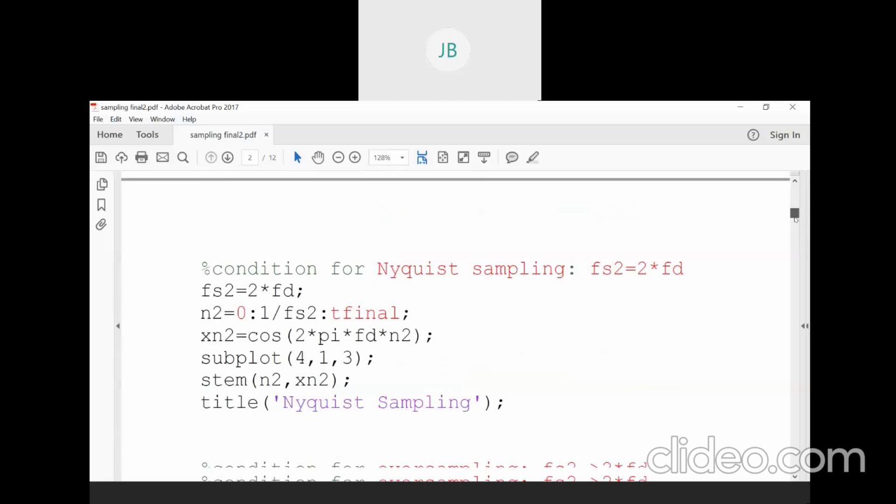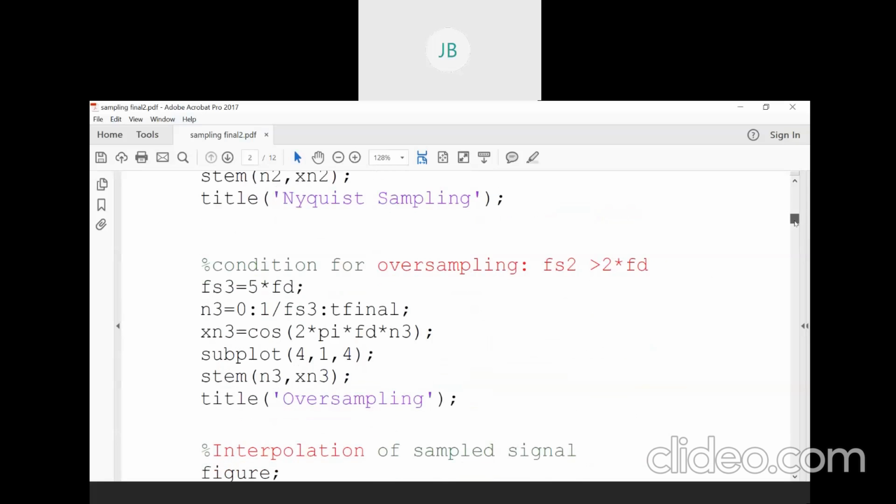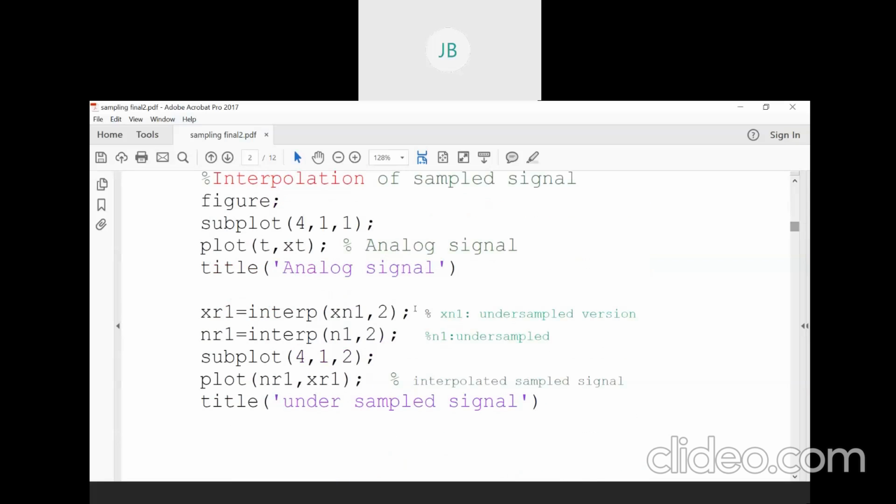Now we are going to reconstruct that here in this part: interpolation of xn1 comma 2. So we want to have double the number of samples that we actually had with xn1. And when we want to represent the amplitudes, we also need to have time, right?